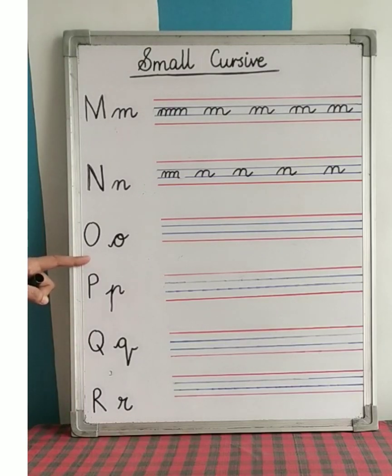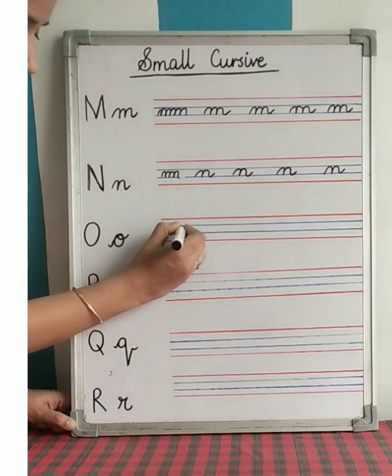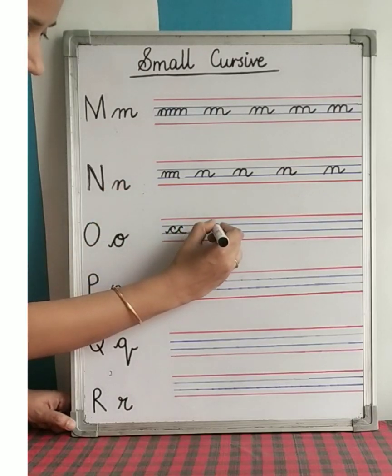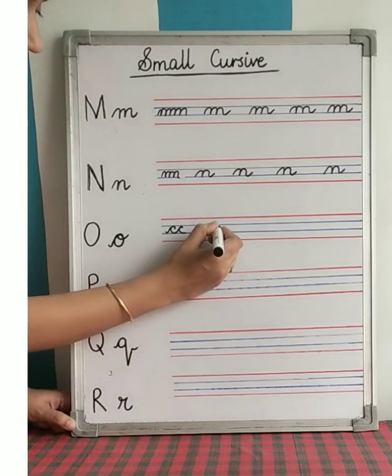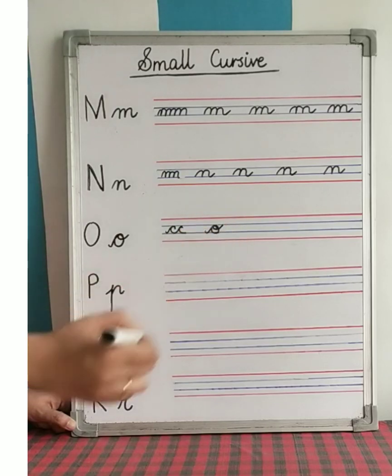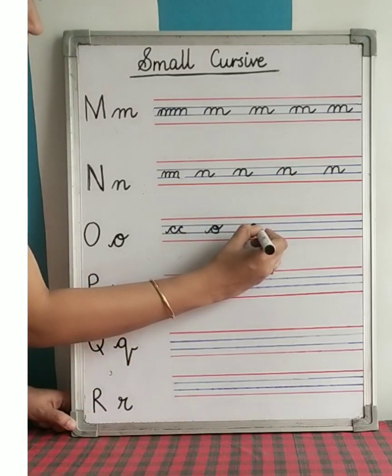Now the next is O. Small cursive O is based on the pattern C. Then we will join it and form a tail like this upwards.